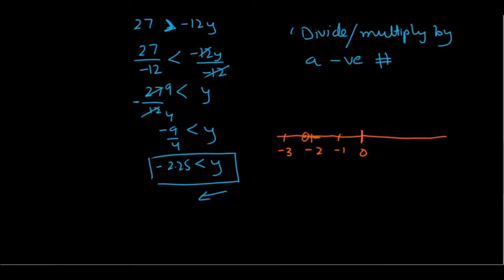Basically all of this on the number line are fair values for y, and it will go to what we call positive infinity. Anyways, this was just to show you how this inequality can be represented on a number line.